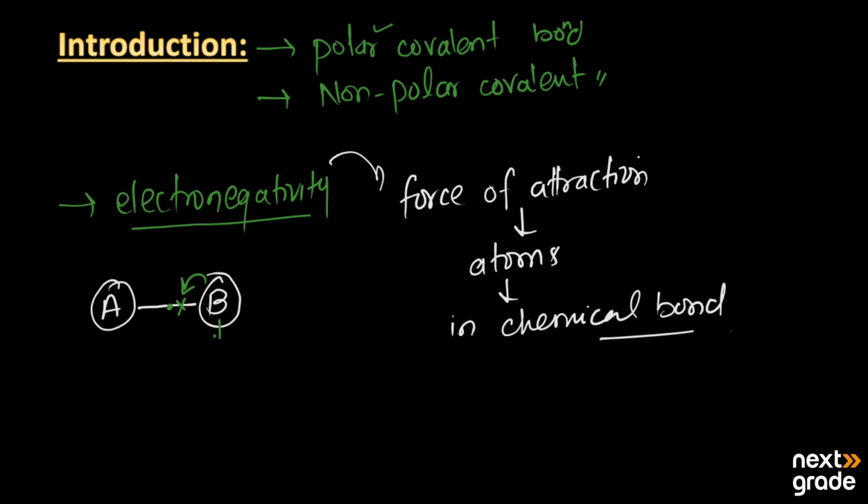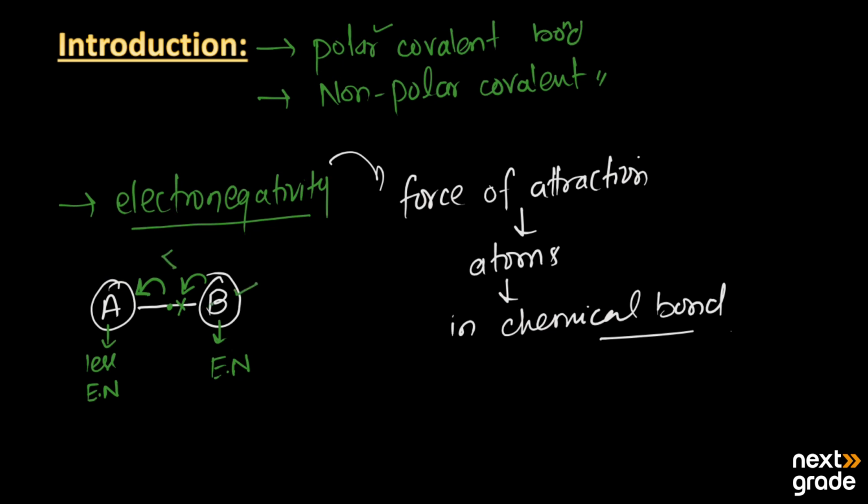It means that atom B is more electronegative and atom A is less electronegative, because its ability to attract this shared electron pair towards itself is less as compared to atom B.